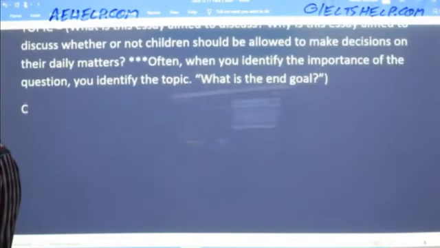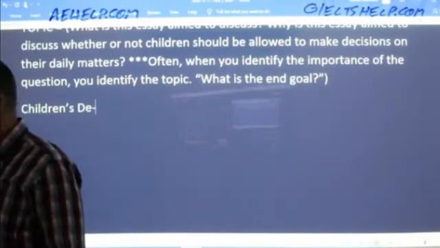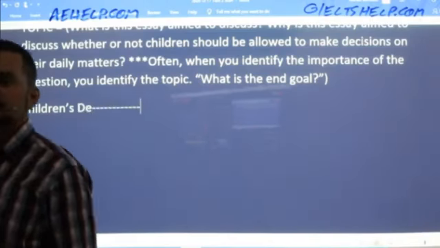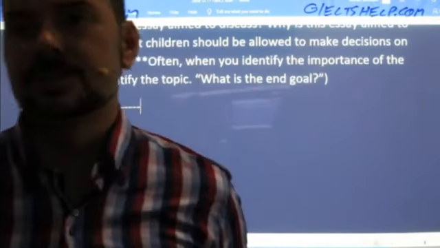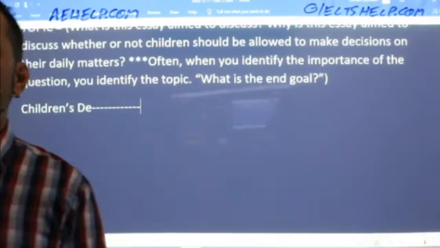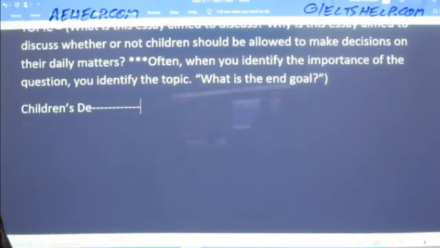It's children's, starts with a D. Finish this word for me. It's one word, and that's the topic. And I have a feeling that many of you now will go, oh yeah, of course. So what are we talking about here? What is the hidden topic? It's not dependent. It's children's something, but it's not dependent, Elite.